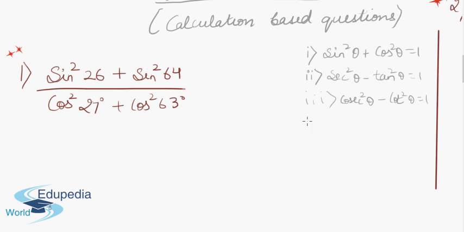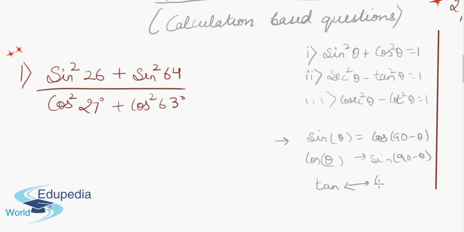Apart from this, the complementary pair said that if we have sine theta, then it will be cos of 90 minus theta, and similarly if we have cos theta, then it will be sine of 90 minus theta. Similarly, complementary pairs were formed between tangent and cotangent, and secant and cosecant.